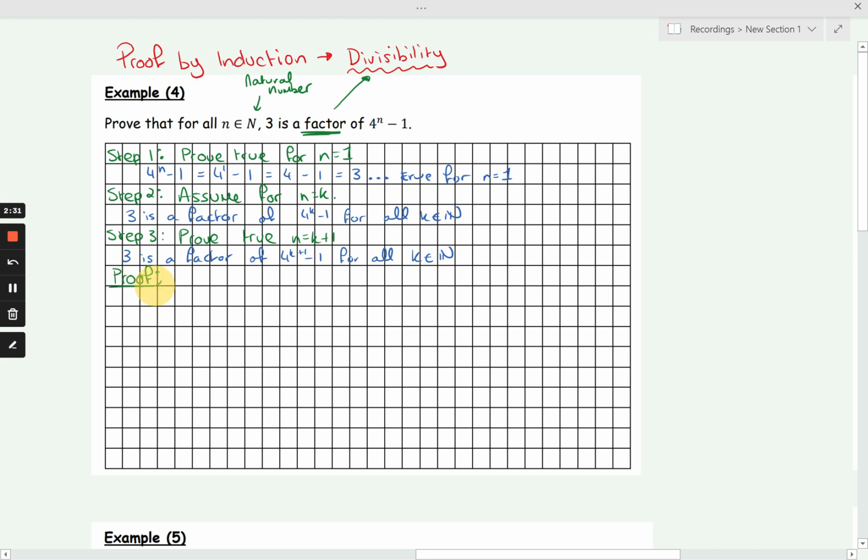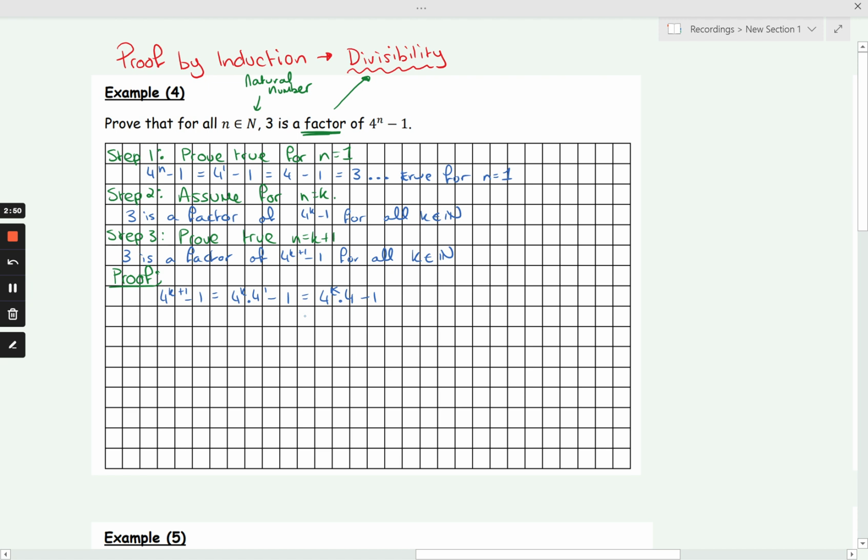We have 4 to the power of k plus 1 minus 1. By our rules of indices, that's the same as 4 to the power of k times 4 to the power of 1 minus 1, which is the same as 4 to the power of k times 4, minus 1.